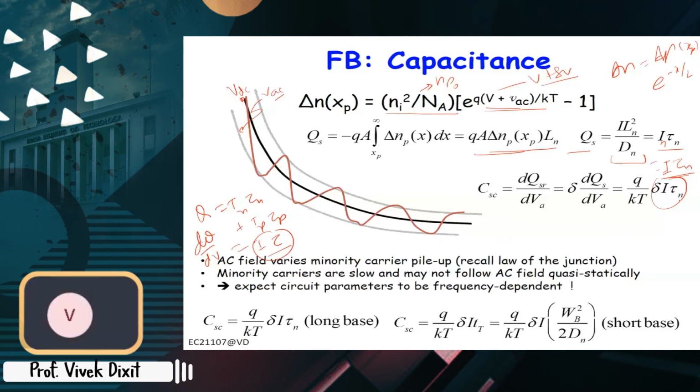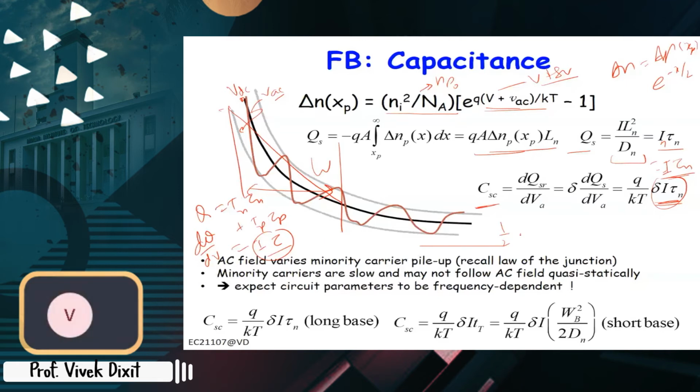Now I gave you one homework also, where I told you that if the length of this region is W, and it is comparable to the diffusion length or smaller, right? What will happen? It's much smaller than the diffusion length. What will happen? Your slope will be delta n by W, right? So the charge will be half delta n at x_p times W instead of L, right?